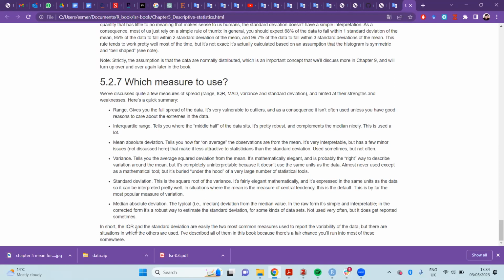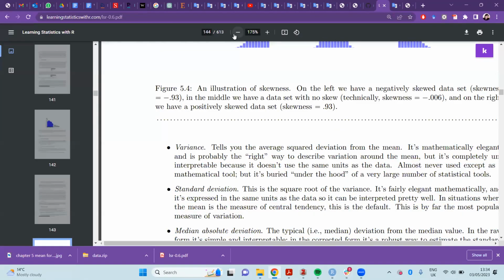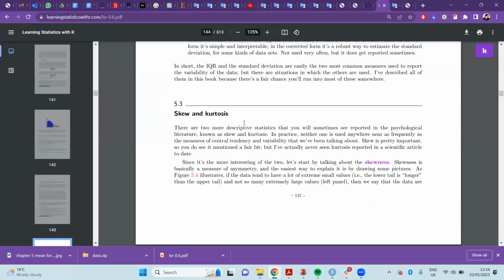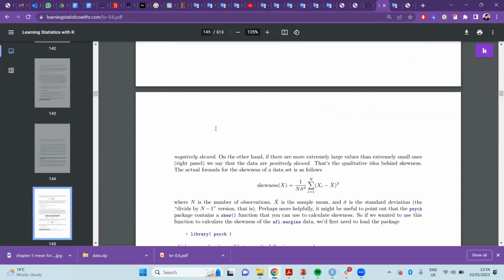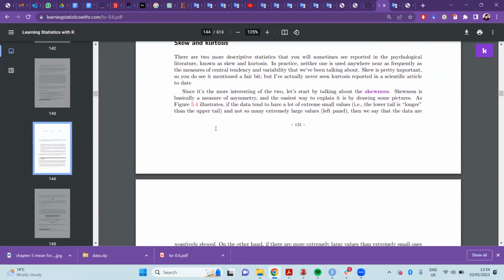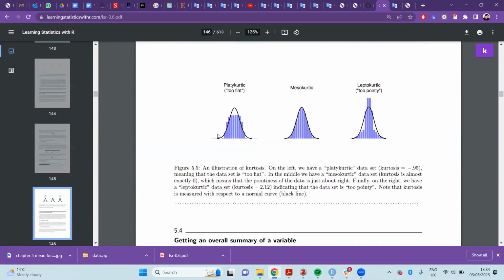And the book continues. Where is the book? Yeah, here's the book. The book continues with more things that I haven't read. For example, the types of distribution of the data, like here.